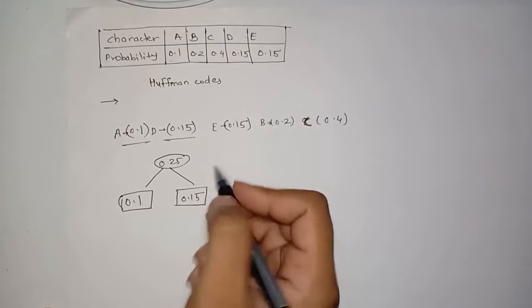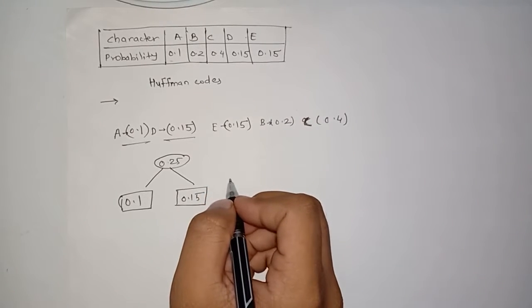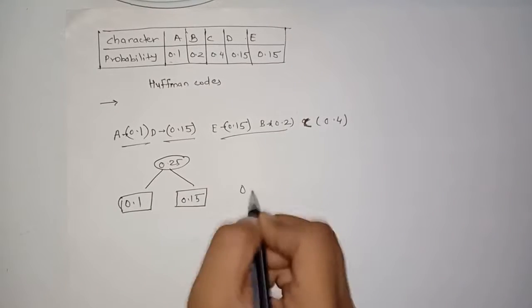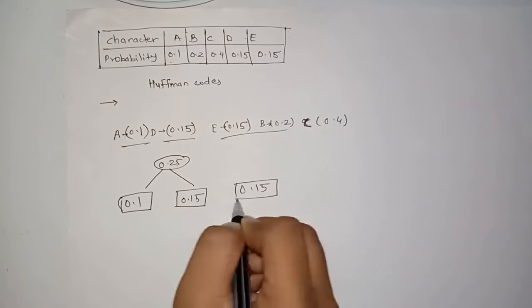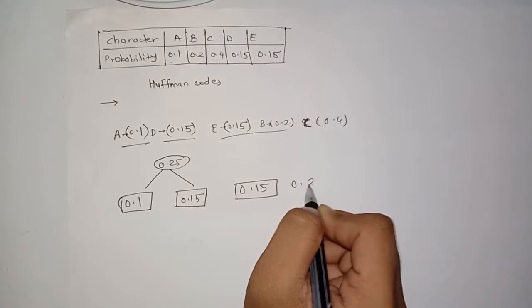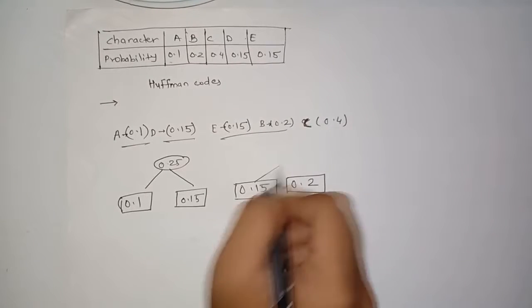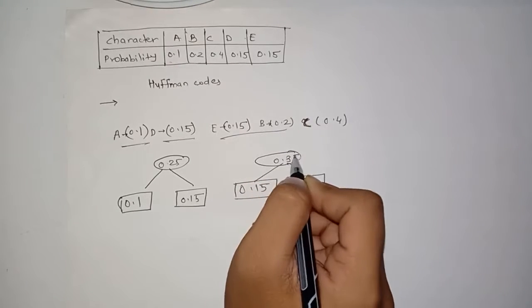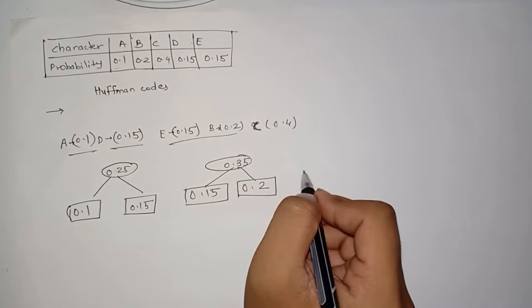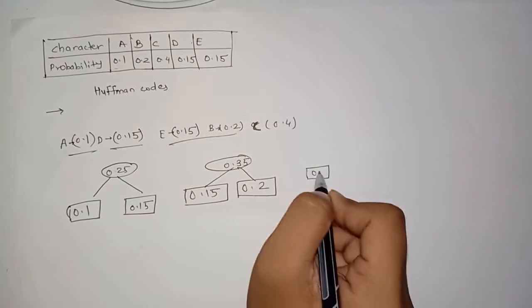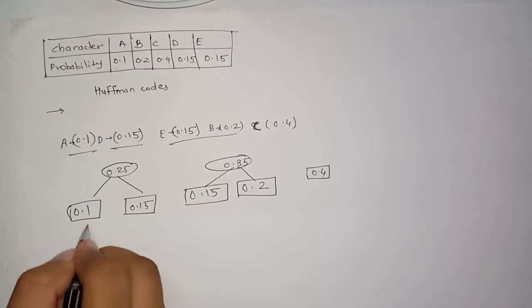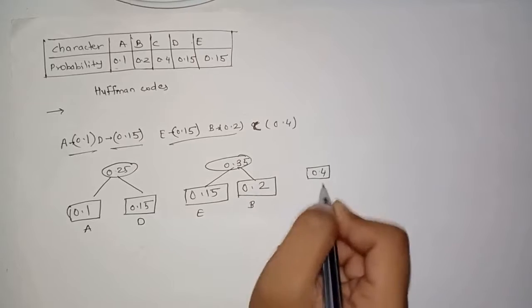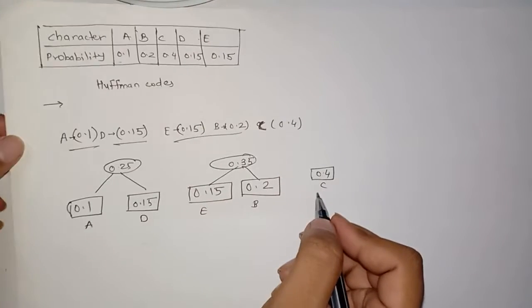Now consider the next pair, E and B, that is 0.15 and 0.2. Now sum those two elements as 0.35. And 0.4 is the separate single element. Now assign them their codes A, D, E, B and C.